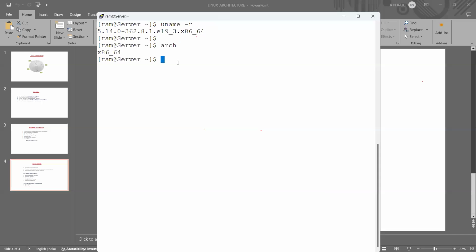Now this is a 64-bit architecture. So please understand how to check the kernel version. What is the command to check the kernel version? uname -r. Okay, next important.